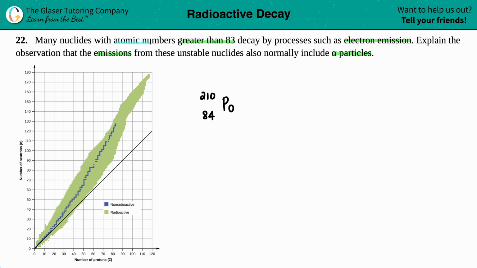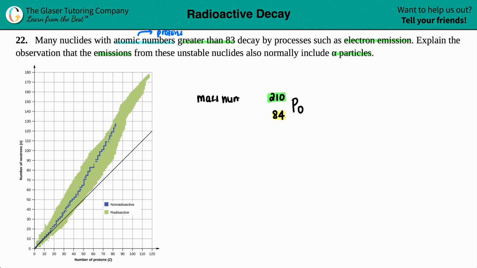Remember that atomic numbers are always the number of protons. So in this example that we just made up, we have a 210 mass number and an 84 atomic number. Let's write that out. Let's say that the top number is the atomic mass, or you could say it's the mass number.